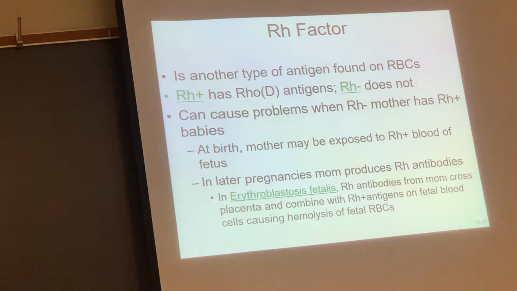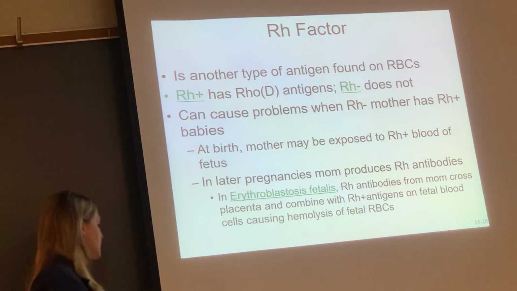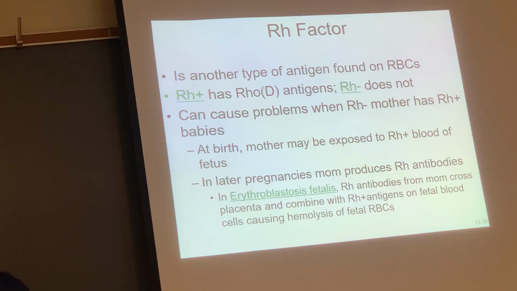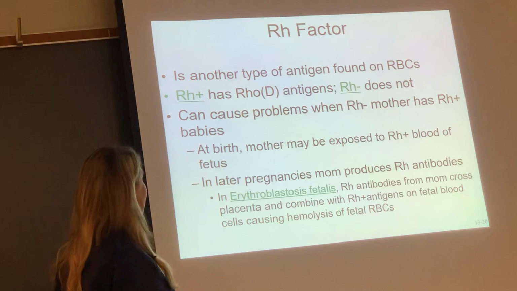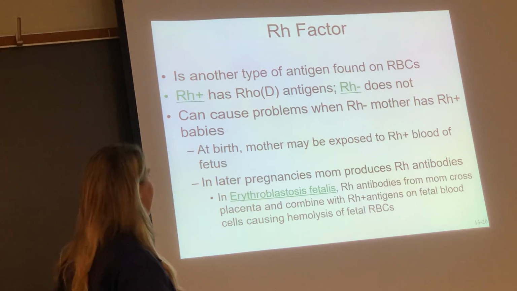So if you're RH positive, you don't make... I'm sorry, I did it wrong. If you're RH positive, you actually make RH antibodies. Wait a minute. Shoot, I'm doing this wrong again. I've only taught this like 50 times, and now I can't think of it anymore.